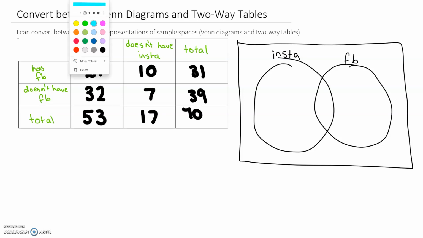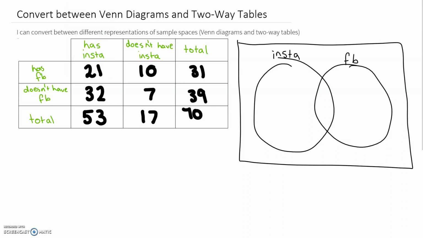So we're going to do a bit of highlighting. This part in the middle is the part where people like Instagram and they like Facebook at the same time. And in our two-way table, that's this part here, because it's people who have Instagram and people who have Facebook. So that means that a big 21 goes here in the middle.